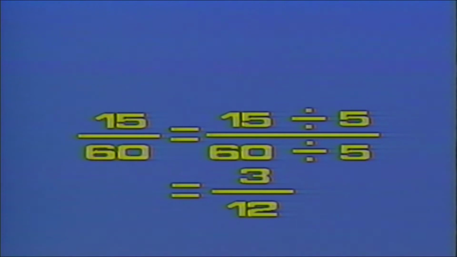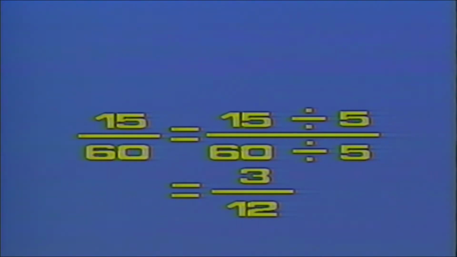Both 15 and 60 are divisible exactly by 5. So 5 is a common factor. Divide numerator 15 and denominator 60 by the common factor 5. This gives 3/12.